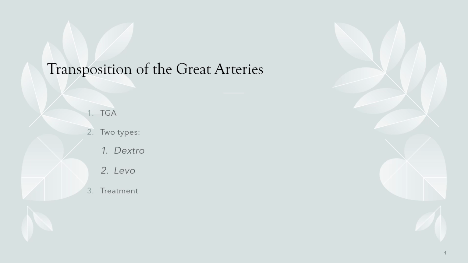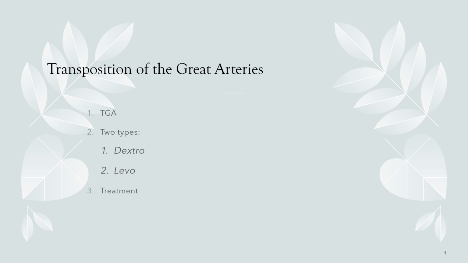The flow works like this. The pulmonary venous flow returns to the LA, then the anatomical RV and onwards to the aorta, to the body, and into the systemic flow, back into the RA, into the anatomical left ventricle, into the pulmonary artery, into the lungs, and back into the LA again.